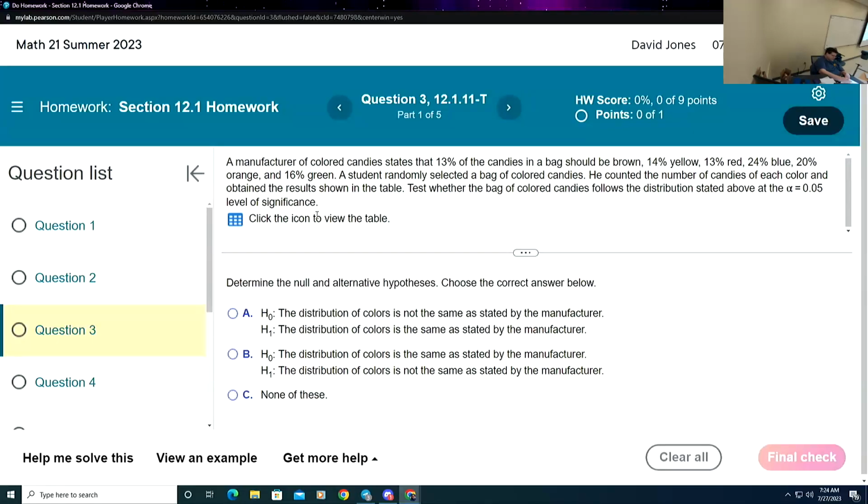Guess which candy this is? Orange is 20%. And green is 16%.